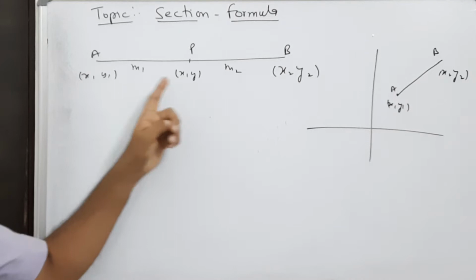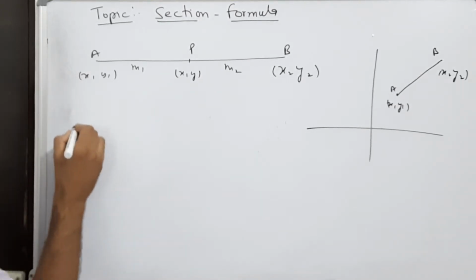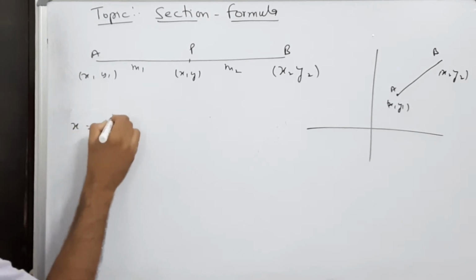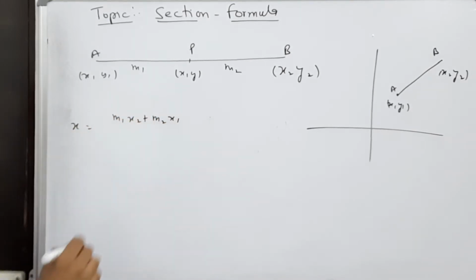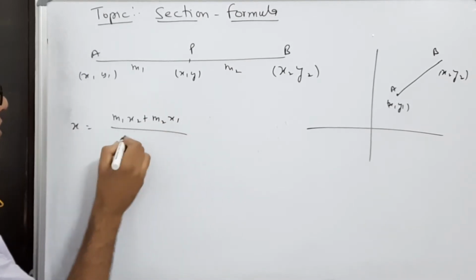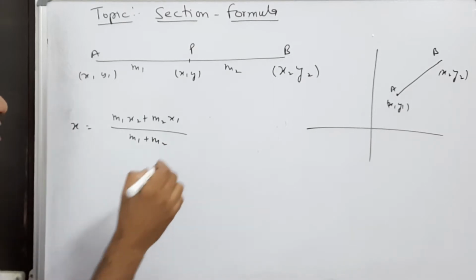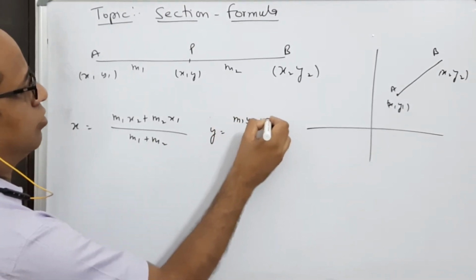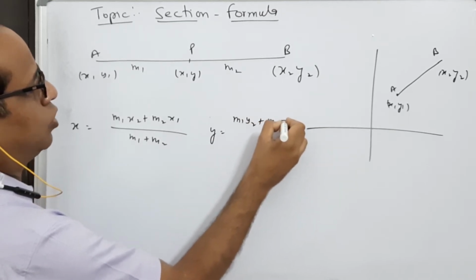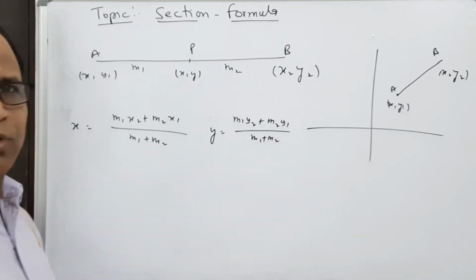The ratio is m1, m2. So in that case, the formula is x equals (m1 x2 plus m2 x1) upon (m1 plus m2), and the coordinate of y will be (m1 y2 plus m2 y1) upon (m1 plus m2).